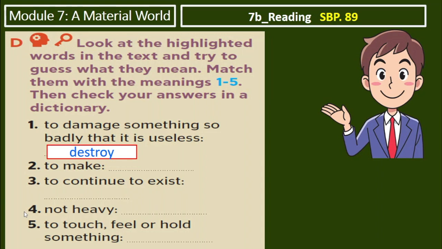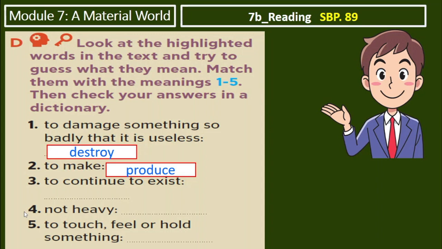Number 2, to make. Look at the highlighted words in yellow. Okay, to make means to produce. Making means producing. Number 3, to continue to exist.